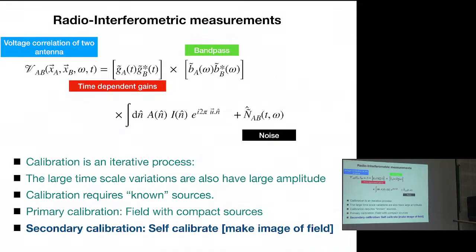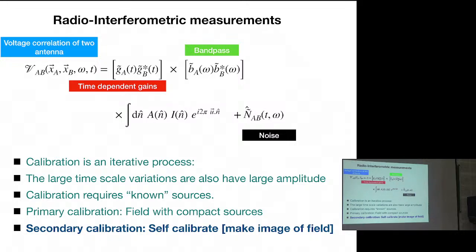So that is required when you are trying to do the secondary calibration and self calibration, where you are making an image of the field. Remember when we said that we are measuring the H1 power spectrum, it was directly proportional to the square of the measured quantity, the visibility. But to get the visibility, you have to calibrate the data.